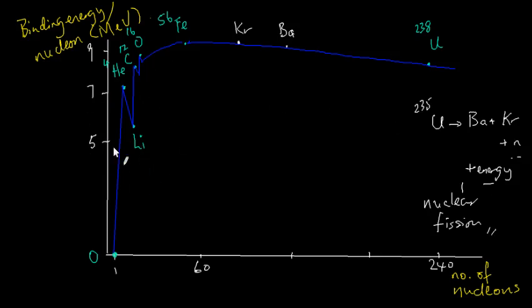Now, at the opposite end of this graph, we have another important example. What we have here is hydrogen. A lot of hydrogen is found in the sun.